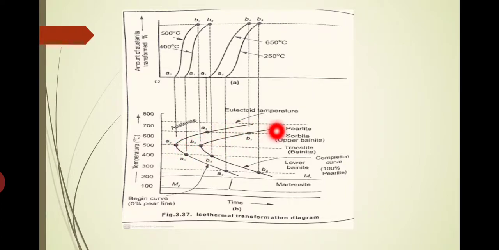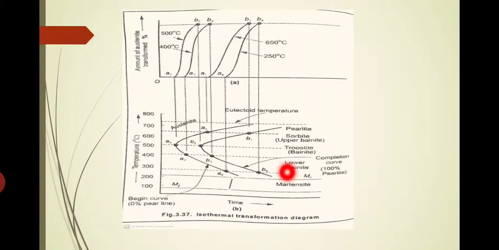In the region between these two curves, the structure will be ferrite plus cementite, or we'll simply call it pearlite. After transformation, what will be there we will discuss in the next graph. Anyway, this C shape obtained is simply known as the TTT diagram. So this is the method by which we obtain the TTT diagram.